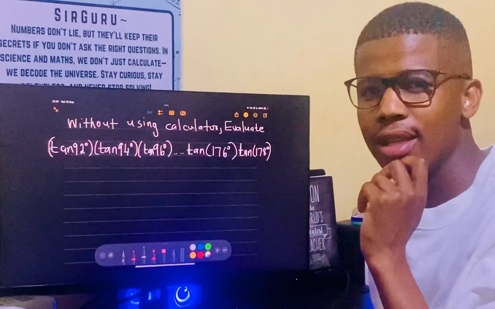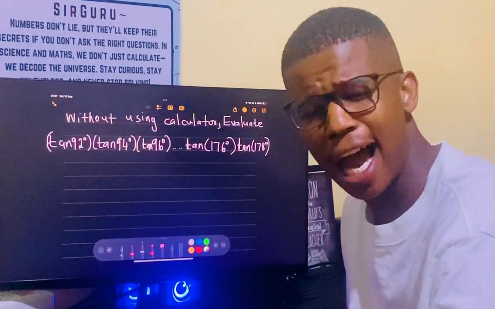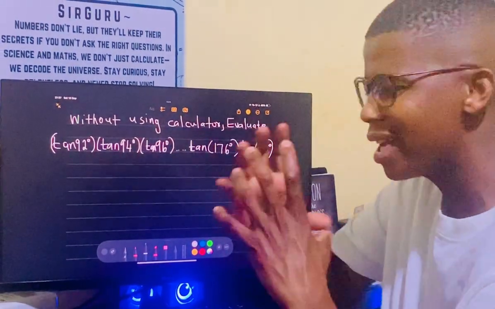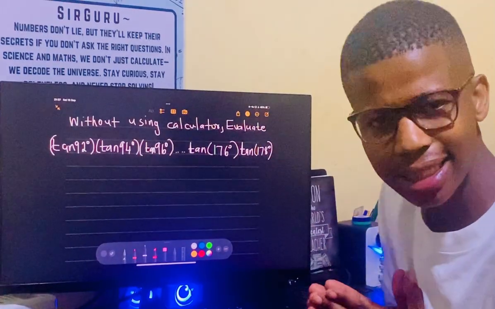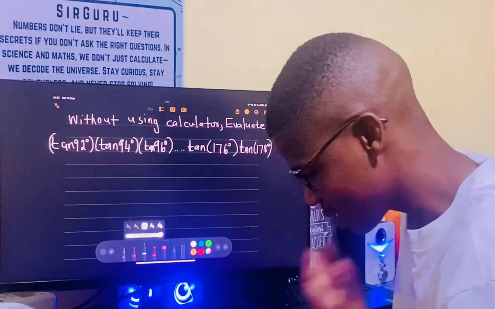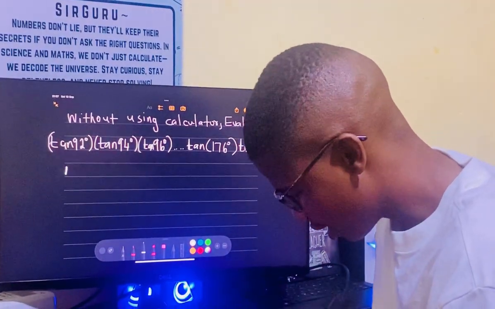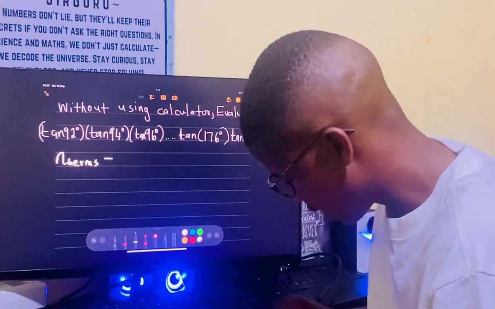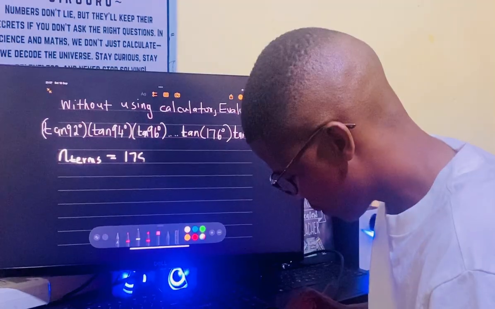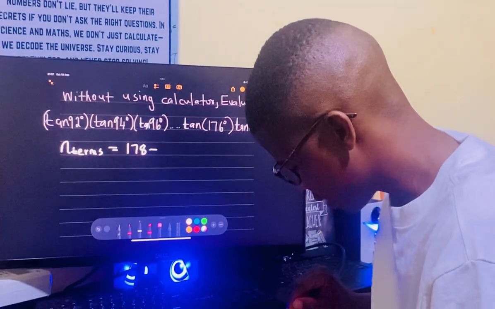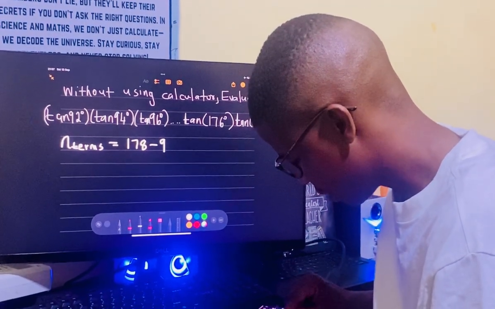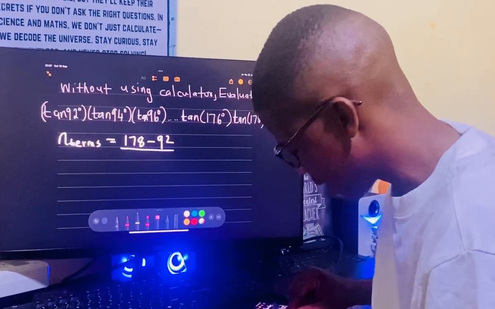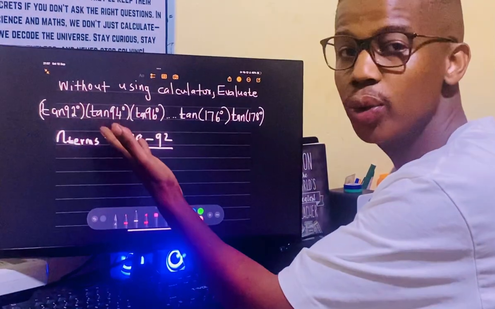The second thing I'm going to think is, how many terms do I have in this product? And it's simple, there's a formula for that. Number of terms is always the last number minus the first number, divided by steps. We're going up in steps of 2s.